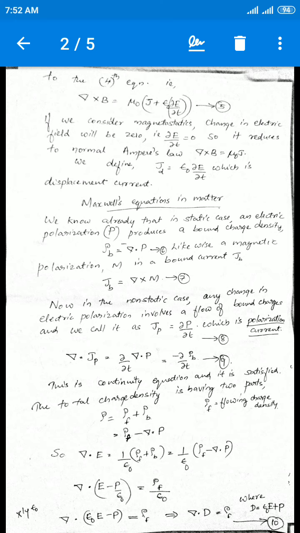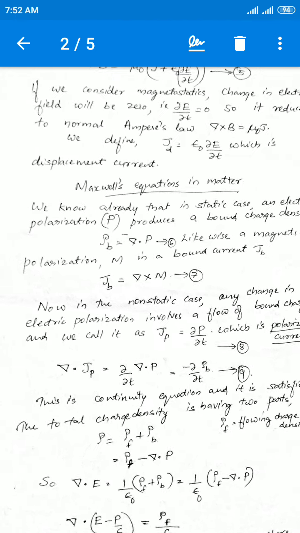So due to electric polarization we have bound charge density, and due to magnetic polarization we have bound current density, JB. JB we can write as del cross M. So remember these two equations: divergence of electric polarization gives the bound charge density, and curl of magnetic polarization gives the bound current density, JB.